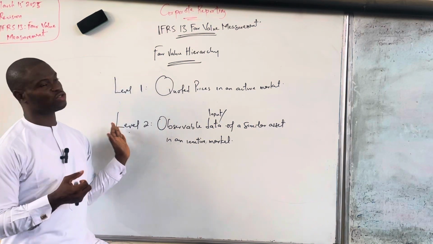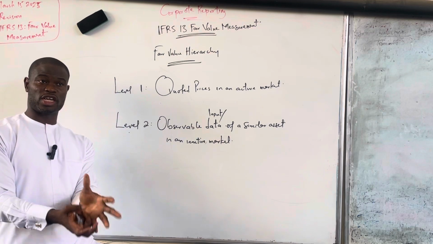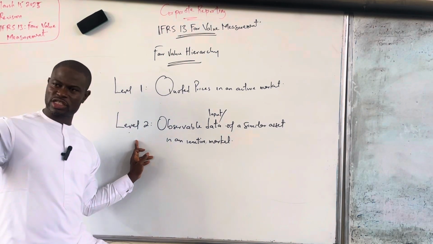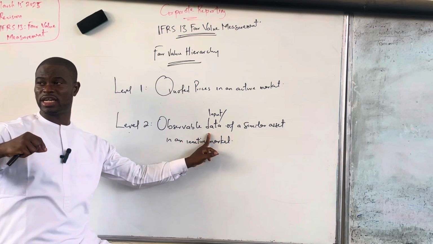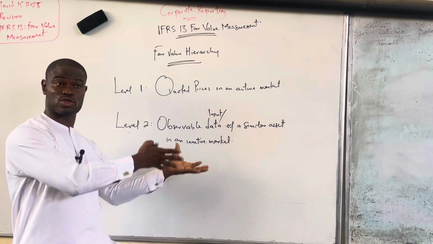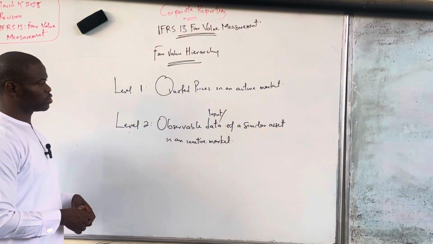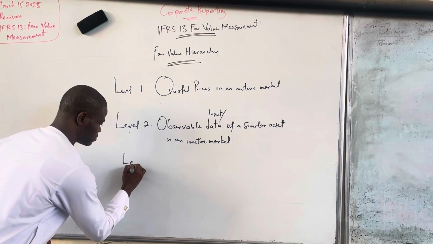So the ones that use level 2: the market approach, there's that other part of the market approach that uses level 2. The cost approach, using replacement cost, is also observable data because it's something we can see. Everybody knows how much they sold this one. So they are observable inputs of a similar asset in an inactive market.